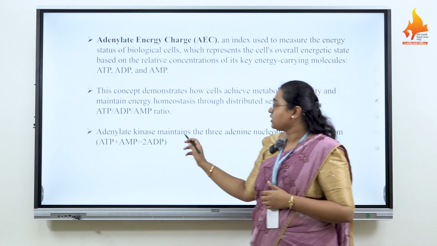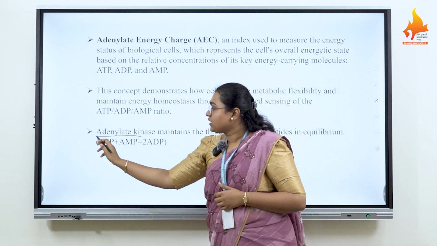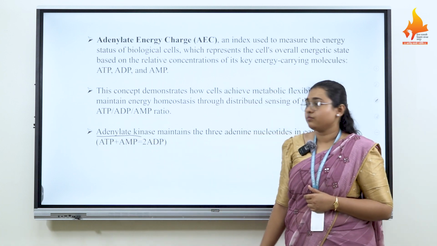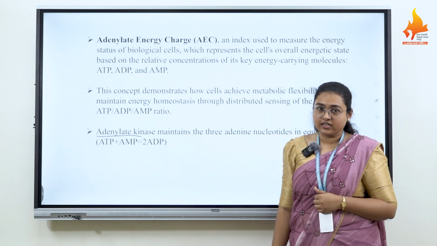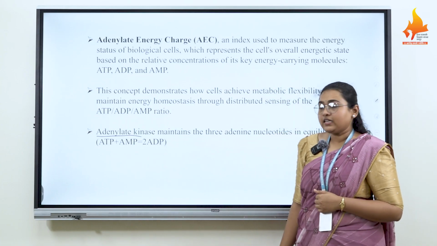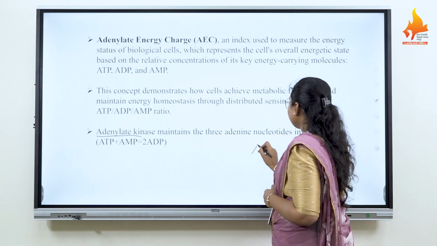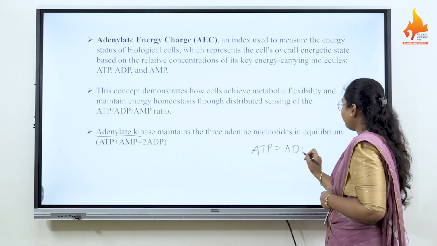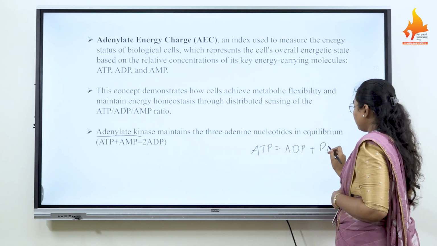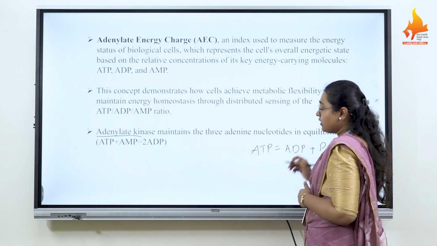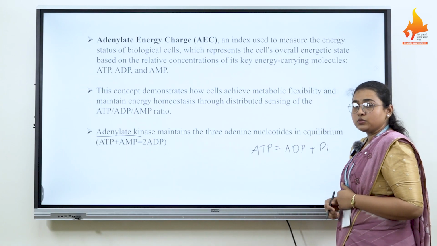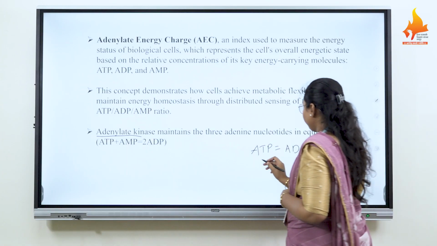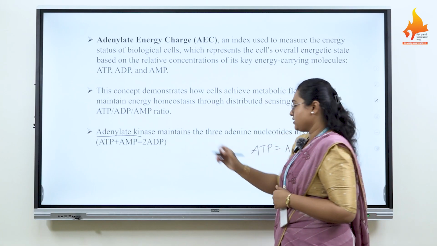For the maintenance of energy equilibrium, an enzyme known as adenylate kinase is required. The adenylate kinase enzyme converts ATP into ADP plus inorganic phosphate, while further the adenosine diphosphate can be catalyzed into AMP using the same enzyme.